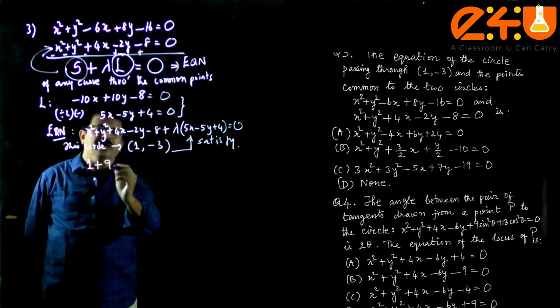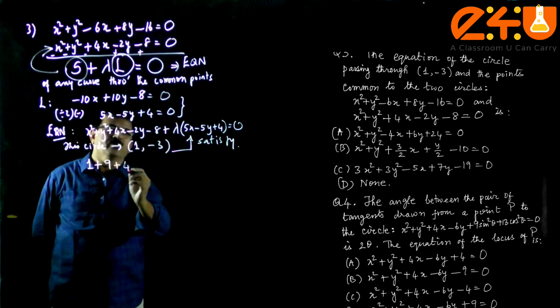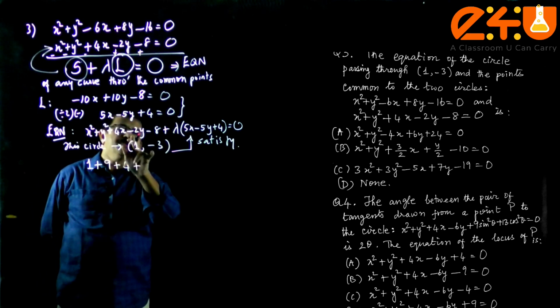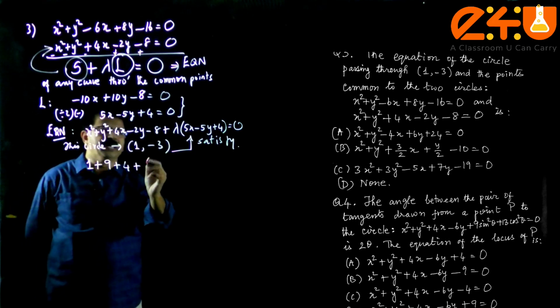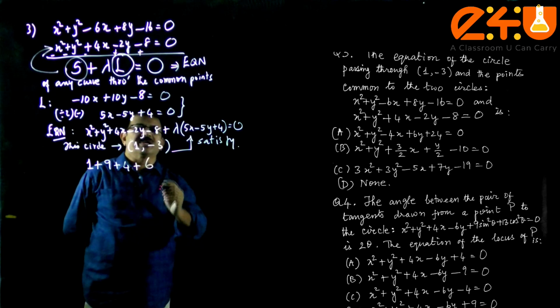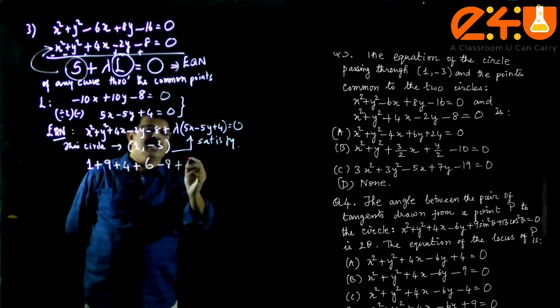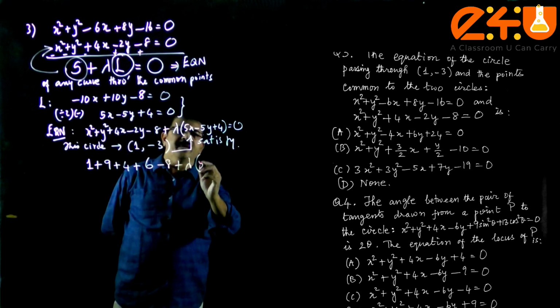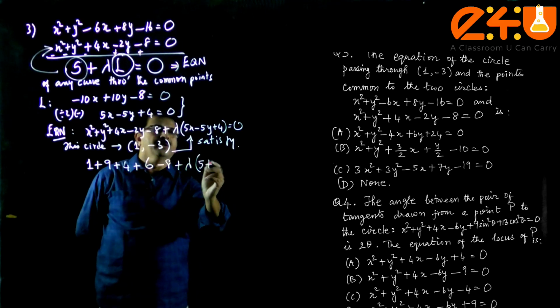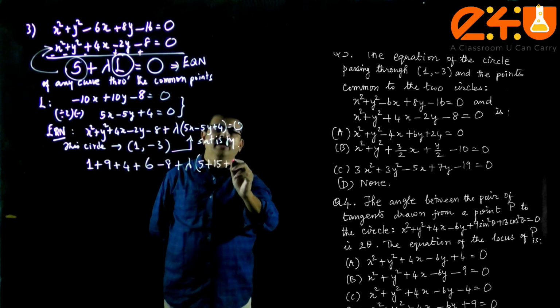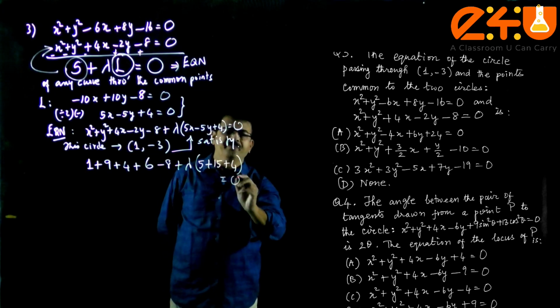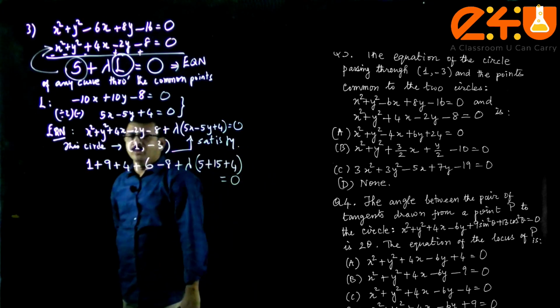1, negative 3 squared, I am writing directly 4 times 1, and negative 2 times negative 3, the product of negative 2 and negative 3 is positive 6, and minus 8. Lambda times again 5 times 1 and minus 5 times minus 3 is 15, and 4 added gives 0.